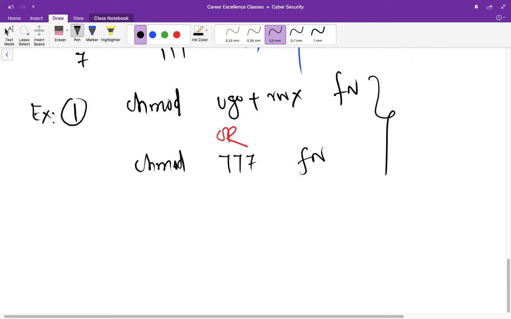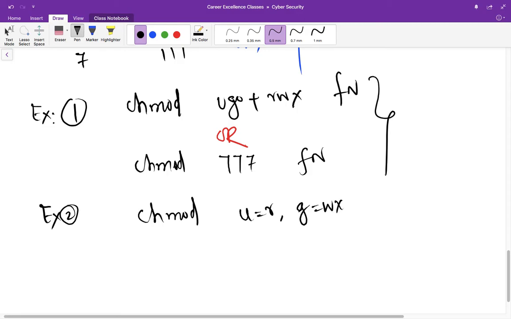Try considering the second example. Let us suppose you have chmod u equal to r, g equal to write and executable, and for others you are providing reading and executable rights. Pause this video for a few minutes and try finding out what the octal notation should be for this.